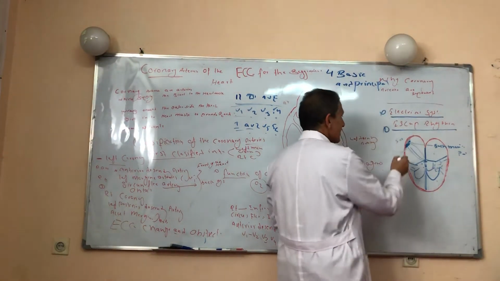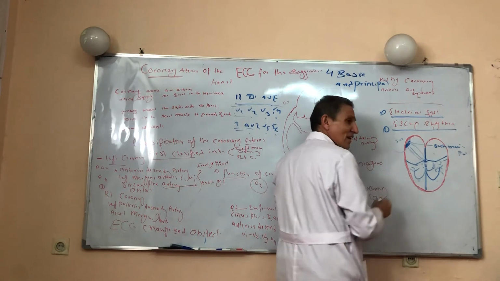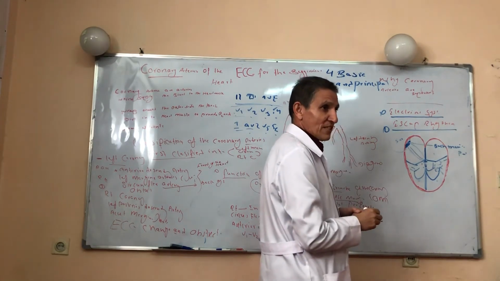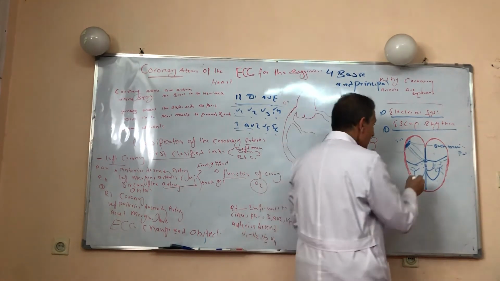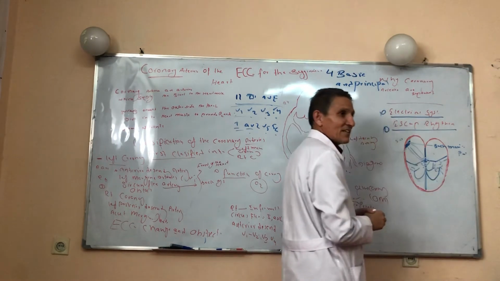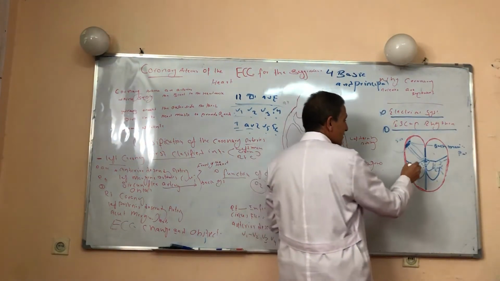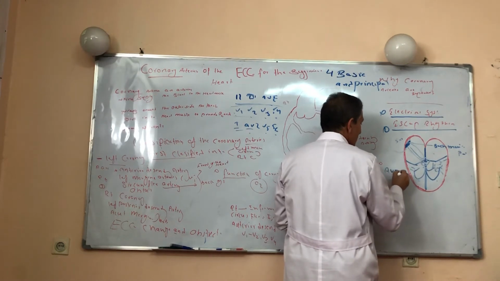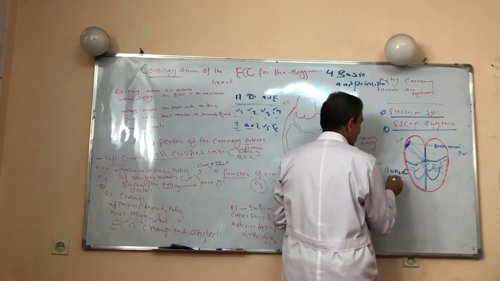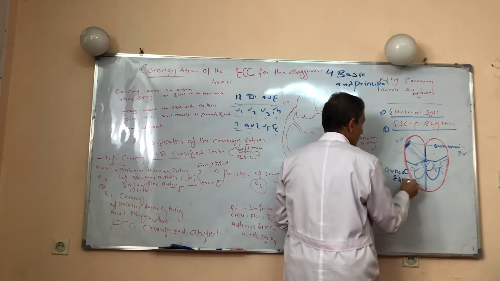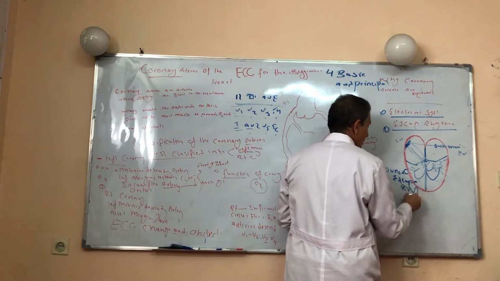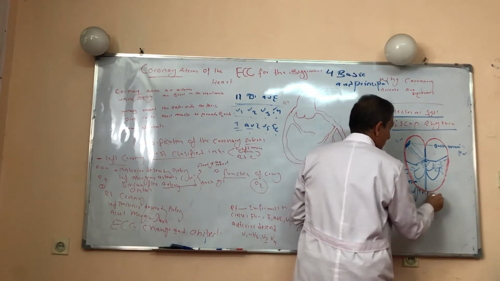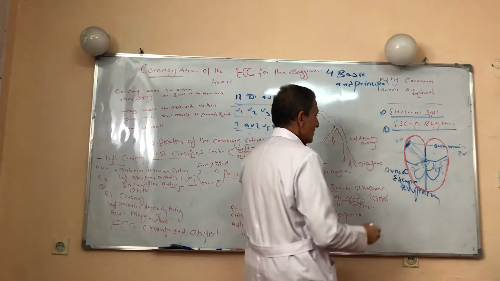For this reason, when the SA node fails to work, there are other foci in different parts of the heart that are electrically activated. After the SA node, which rhythm is activated? The AV nodal rhythm. This is an escape rhythm.